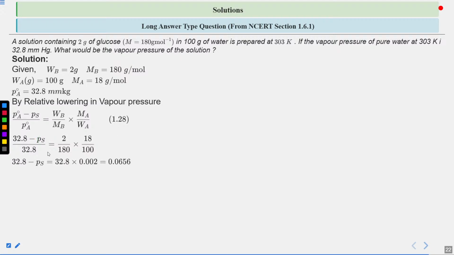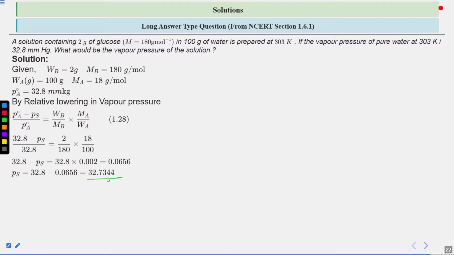So you resolve it, and it will be 32.8 minus Ps equals 32.8 times 0.002, and this will be equal to 0.0656, and Ps will be equal to 32.8 minus 0.0656.